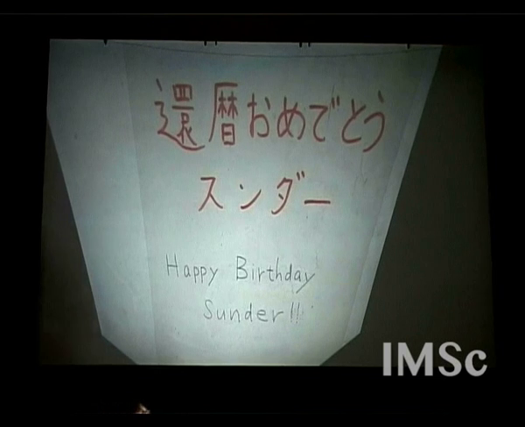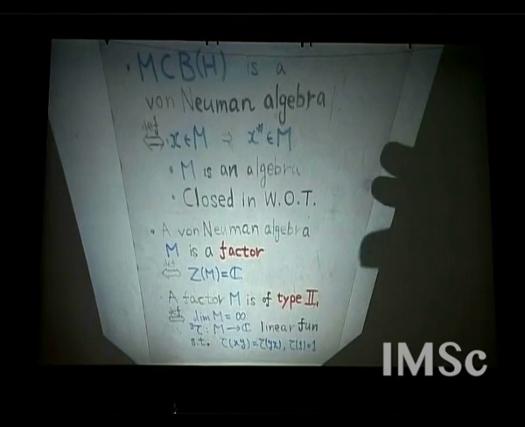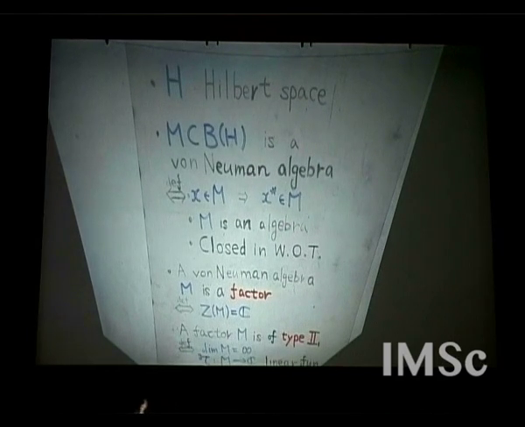Right. So I start mathematics. Since Srinivasan already gave the definition of von Neumann algebras and II_1 factors, let me go very quickly. H is a Hilbert space, and M is a subset of B(H), the set of bounded operators on H. Then M is called a von Neumann algebra if it satisfies the following three conditions.